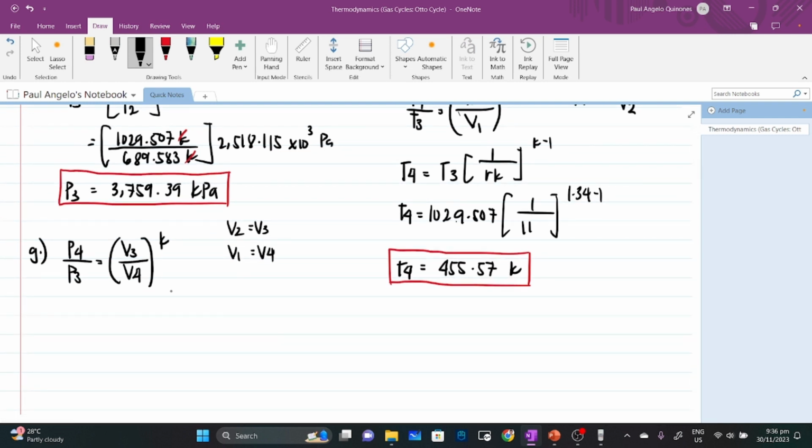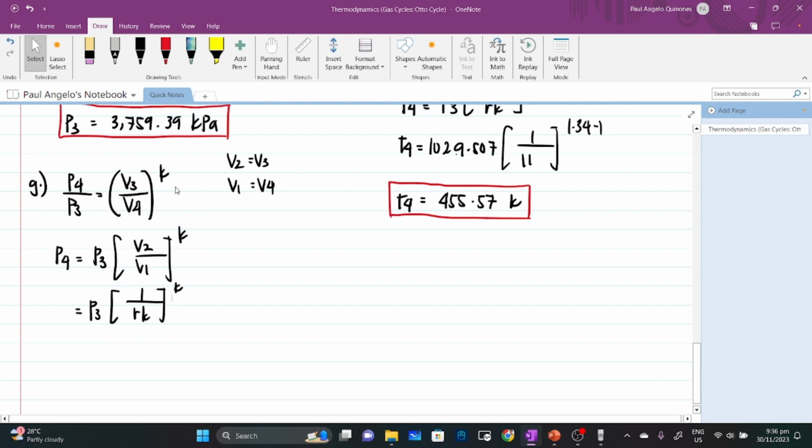So by performing that as well, we know that P4 is equal to P3 quantity V2 over V1 raised to K. And this one is also equivalent to 1 over rk raised to K. Okay? So now, let's substitute everything. P4 is equal to P3, that is 3,759.39 kilopascal.